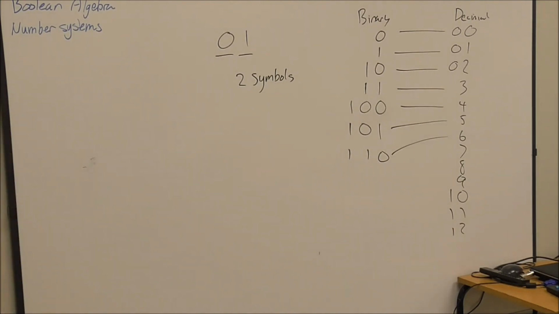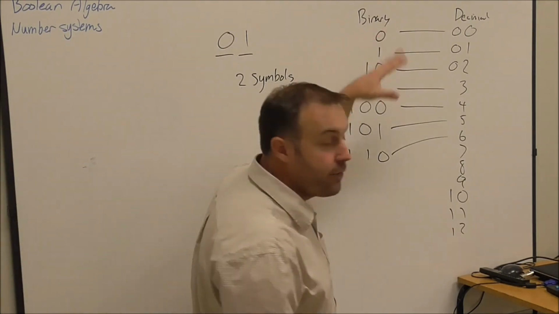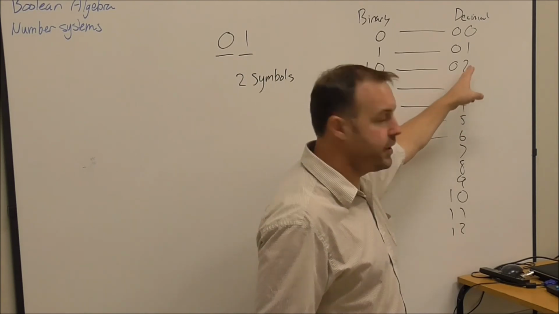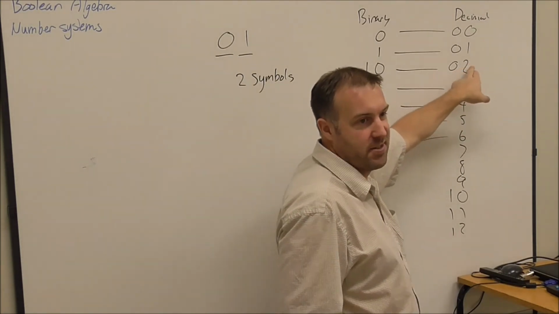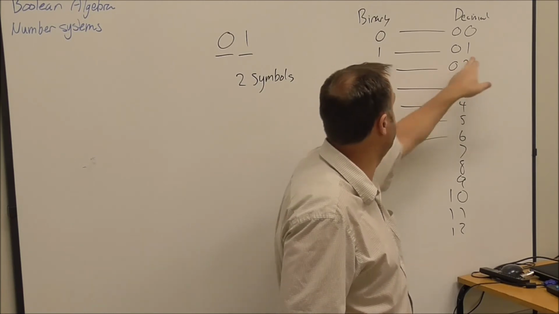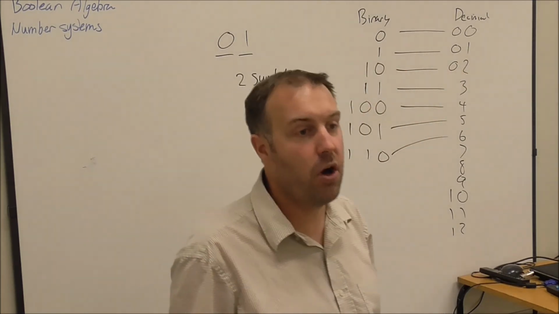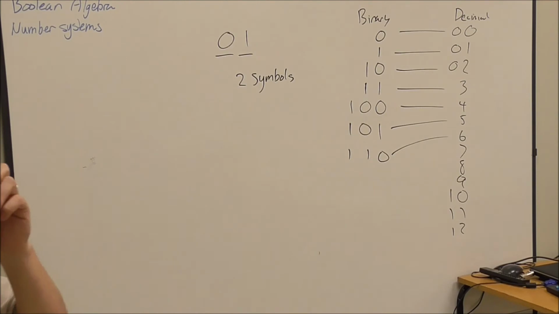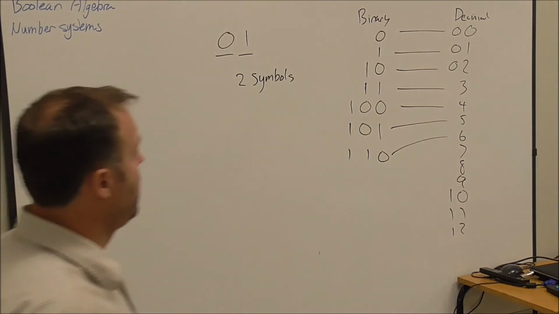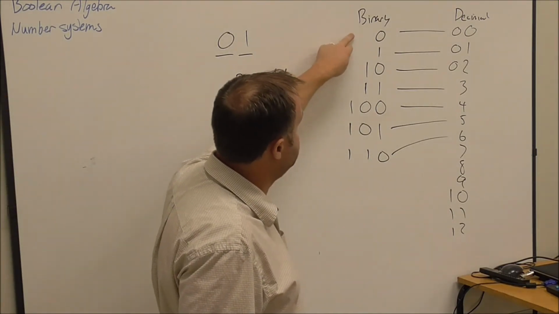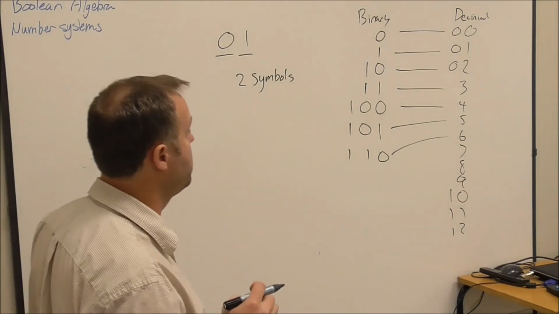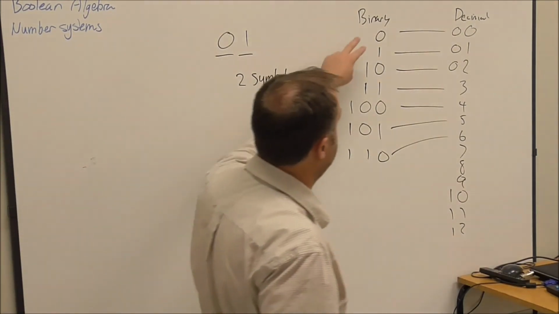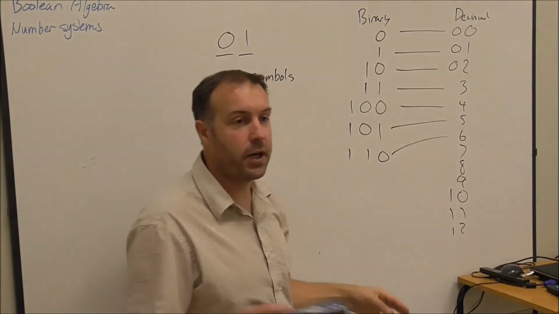So as you can see, it's the same way of counting up as you do in decimal, except when you get to go to 2, well, you don't have a 2, so you have to increment as if you were at 9. Right? So there's only 2 states that you can have. There's only 2 numeral symbols you can use, and so you have to increment quicker.